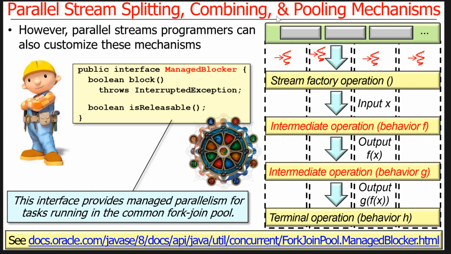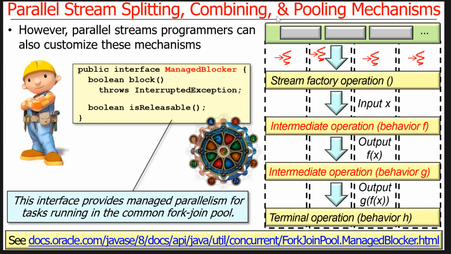And then finally, if you don't like the thread pooling mechanisms that come out of the box with the default common fork-join pool, there's a couple of ways you can modify the behavior. It's a little bit constrained, as we'll see later, but you can use something called a managed blocker. A managed blocker can be used to let the framework automatically create new worker threads for the common fork-join pool, which will temporarily expand the number of threads in the pool while the processing is taking place.